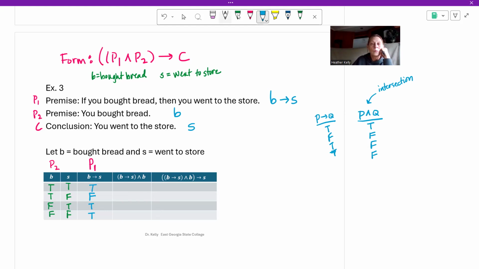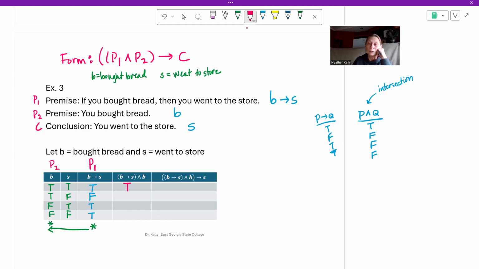So now we're going to look from here. Remember, order matters on the truth tables, here to here. I'm going to take a look. True to true is true. False to true is, and we're doing and, right? So true and true is true.